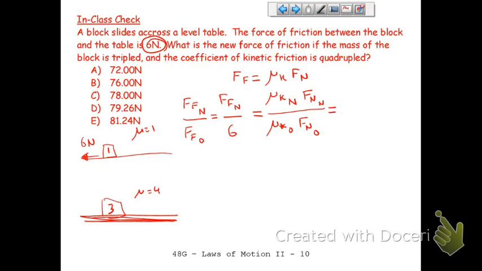Well, I've got to do a little bit more. My Fn is equal to my Fg, and my Fg equals mg.